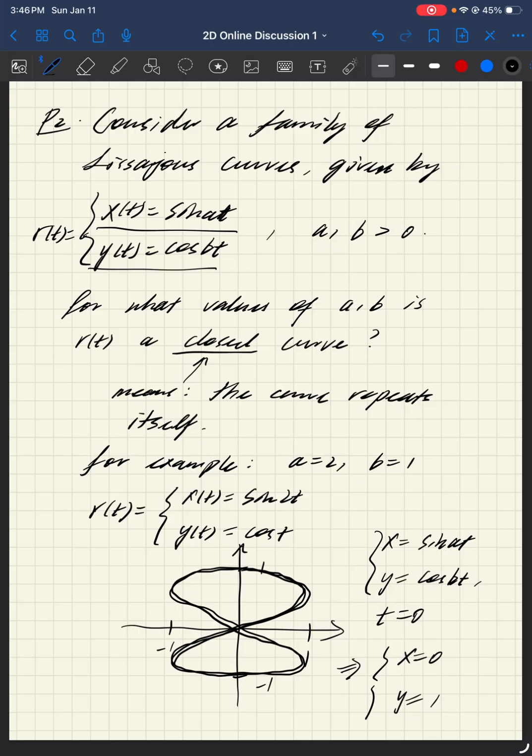So at time equals 0, we would always start at the point (0, 1). And so if this curve is to repeat itself, it has to revisit this point, (0, 1).